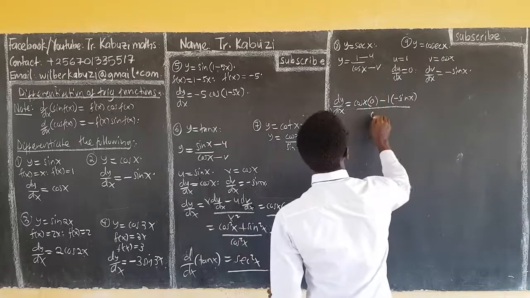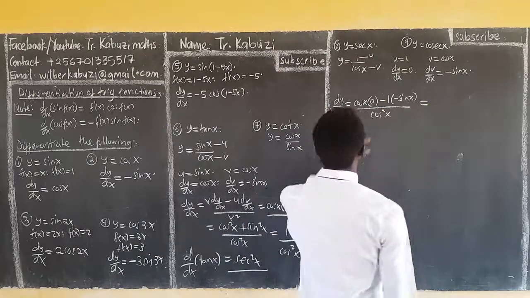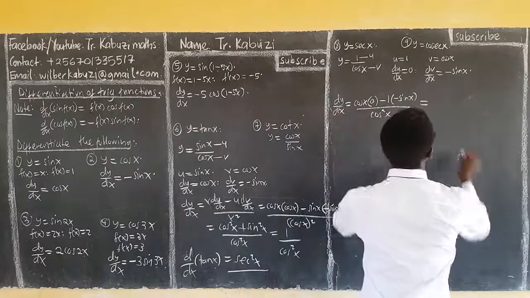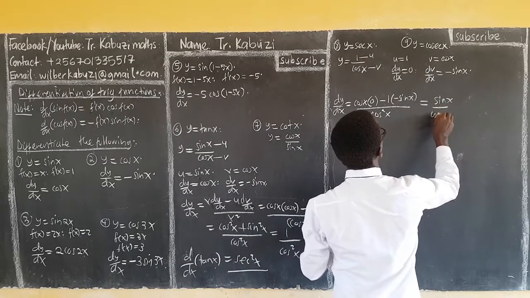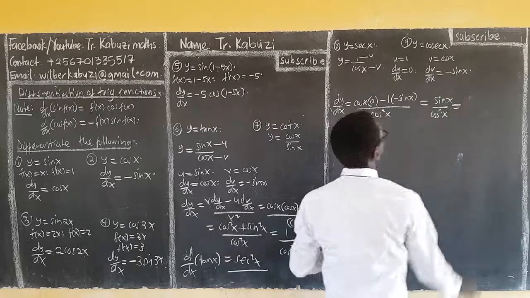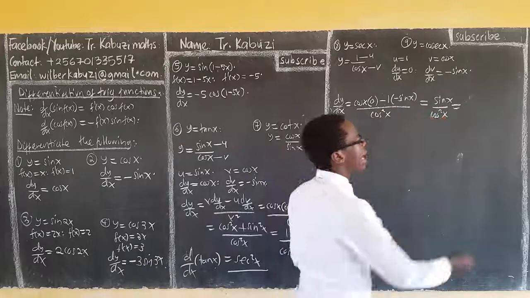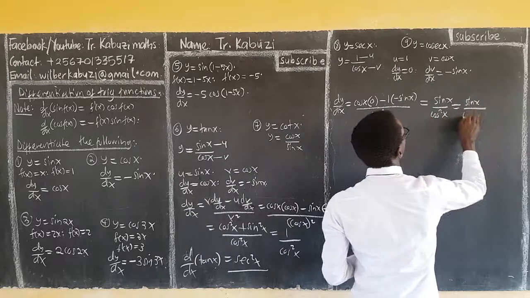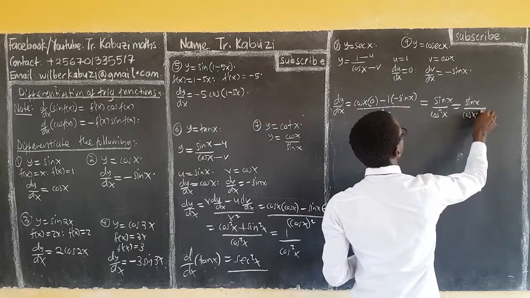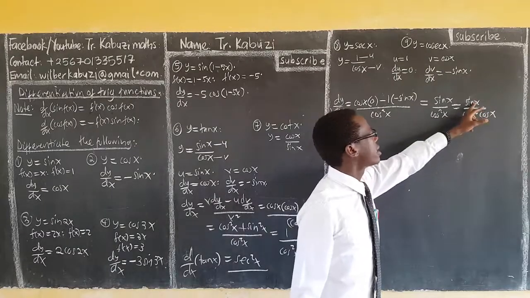Our v squared is cos squared x. And this will give us 0, then sin x over cos squared x. And now I can put this as sin x over cos x times cos x.